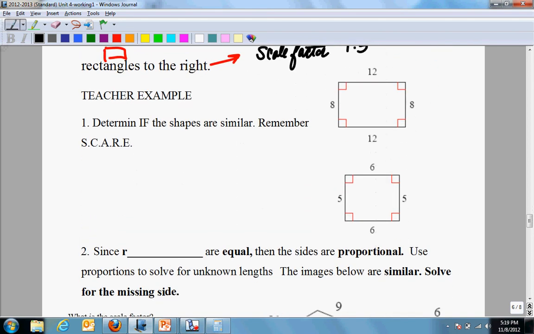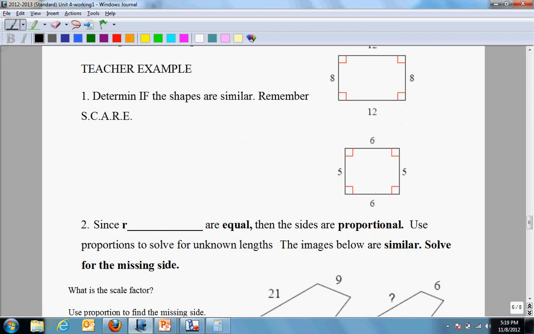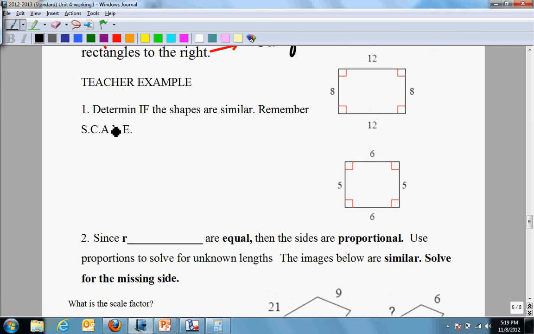Now using this, let's test to see, first off, if these shapes are similar. To test them, we're going to use SCARE. Congruent angles, ratios equal. So let's check. The angles are all congruent, they're right angles, so that's congruent angles. Let's check to see if ratios are equal.